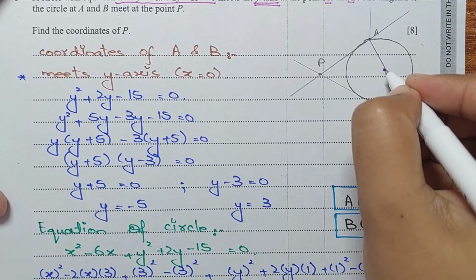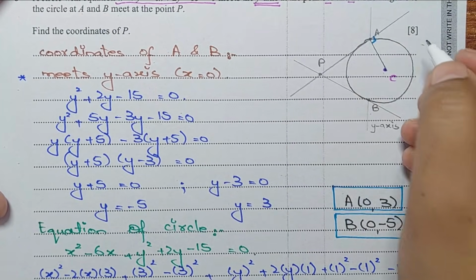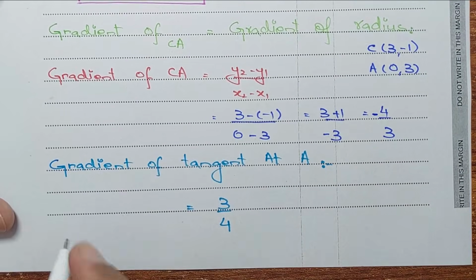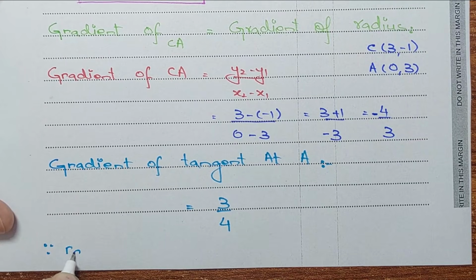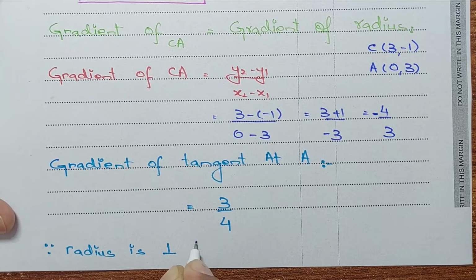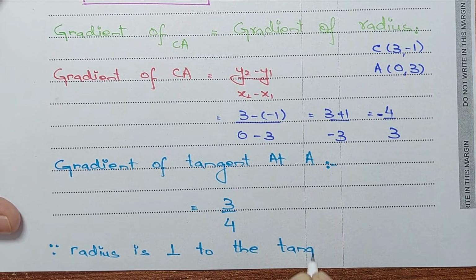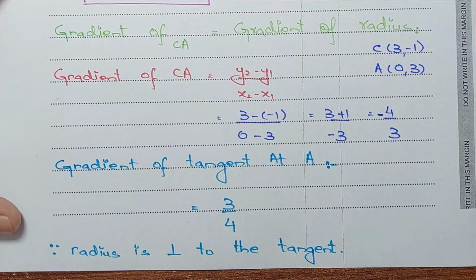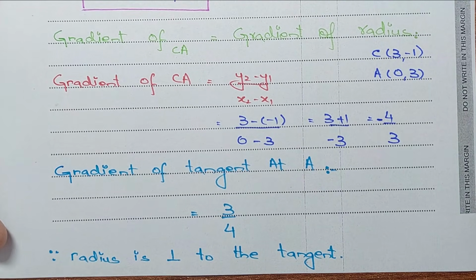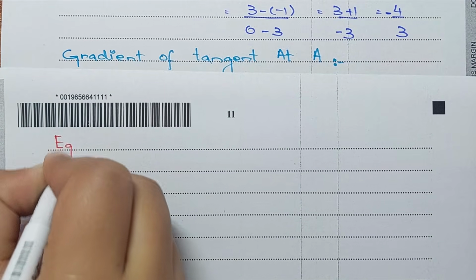Because the radius is perpendicular to the tangent, right? Because the radius is perpendicular to the tangent, this is the reason why their gradients are negative reciprocals of each other, because these two lines are perpendicular.